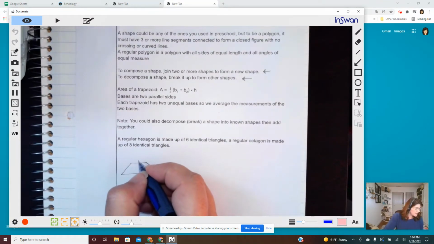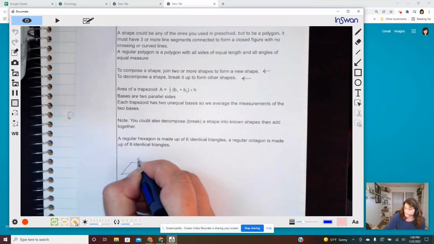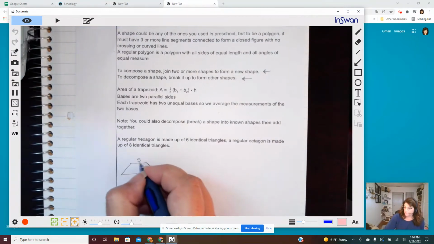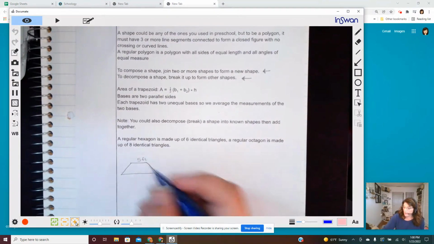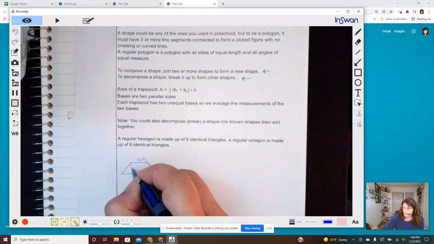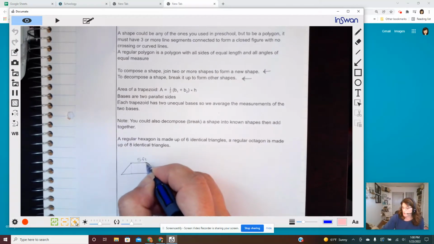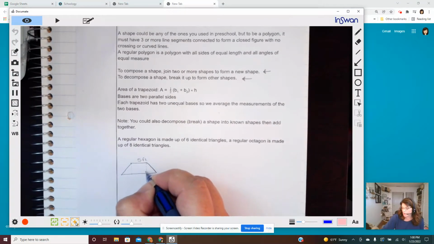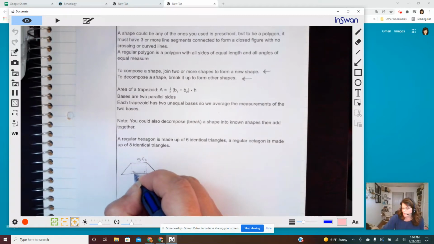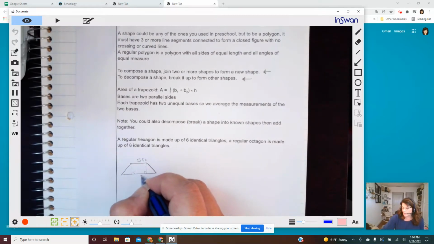So let's say that this top part is 5 feet. Now I know if I drew straight perpendicular lines down, that this part would also be 5 feet.